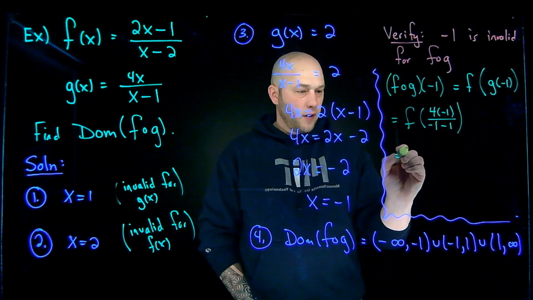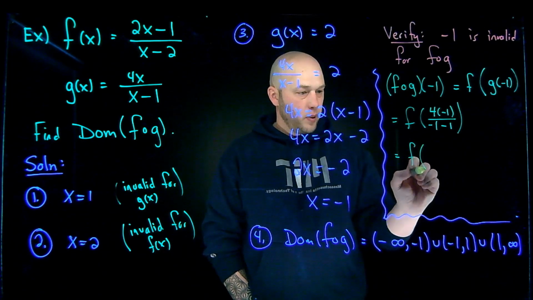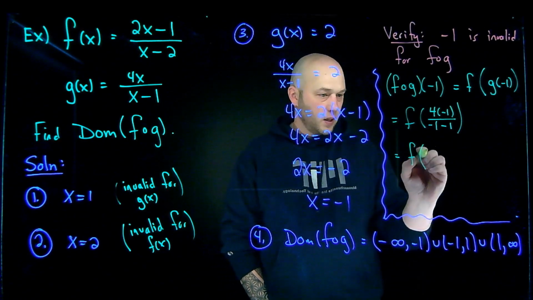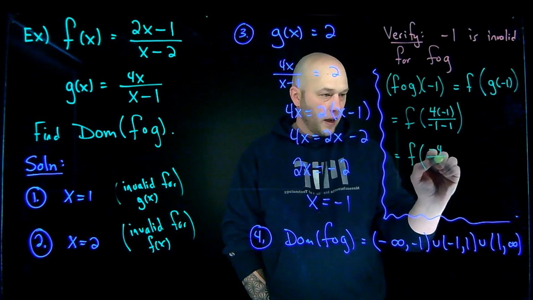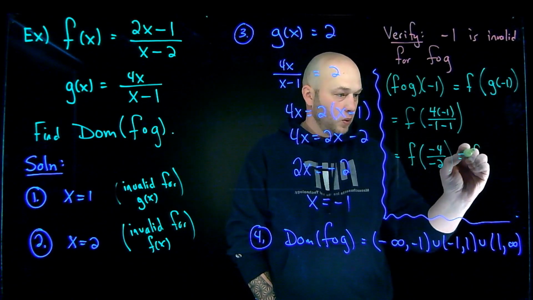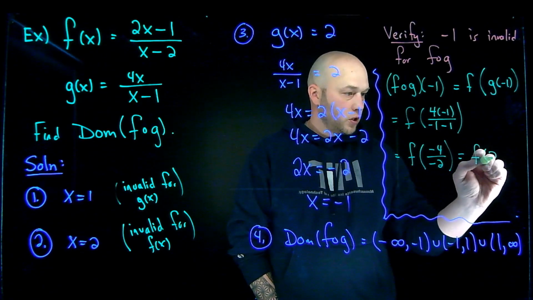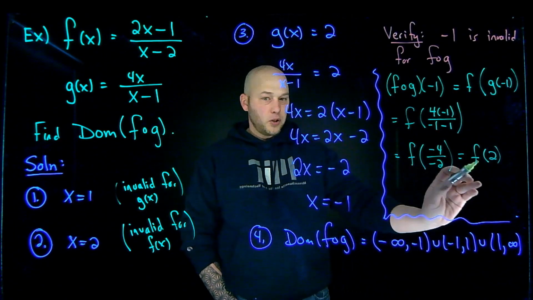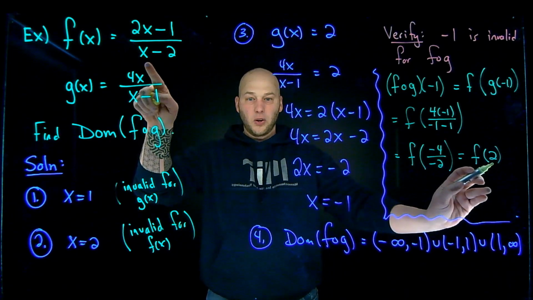On top I'm going to get negative 4, on the bottom I get negative 2, which of course is 2, so I get f of 2, but we know that 2 cannot be plugged into the function f.